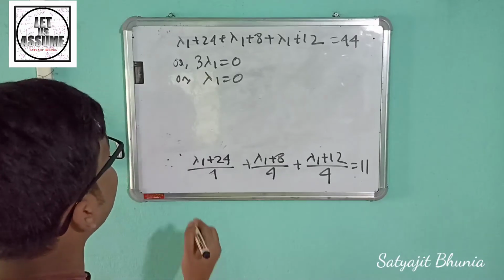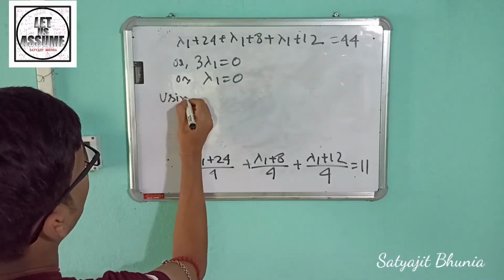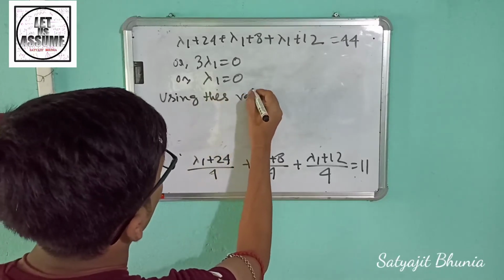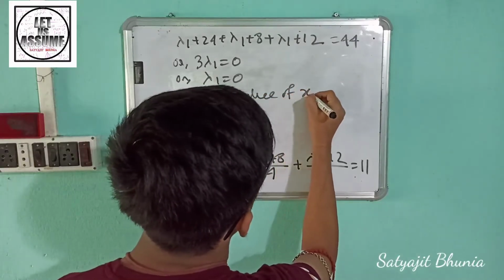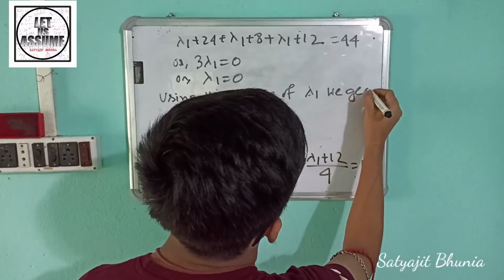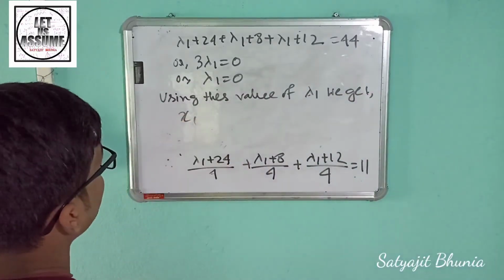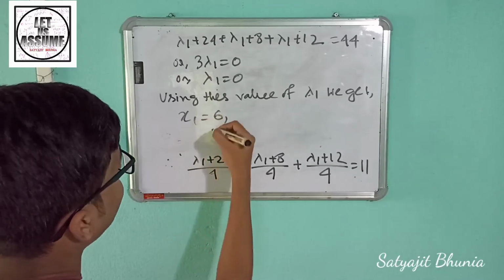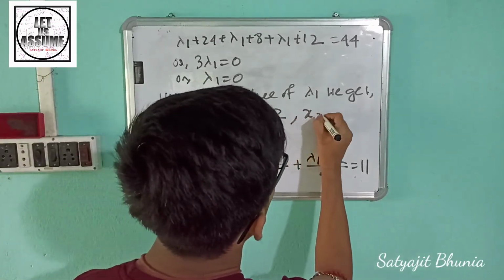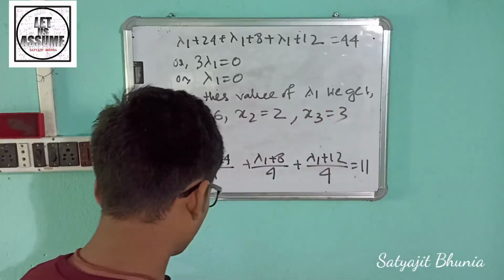And using this value of lambda 1, we get x1 equals 6, x2 equals 2 and x3 equals 3.